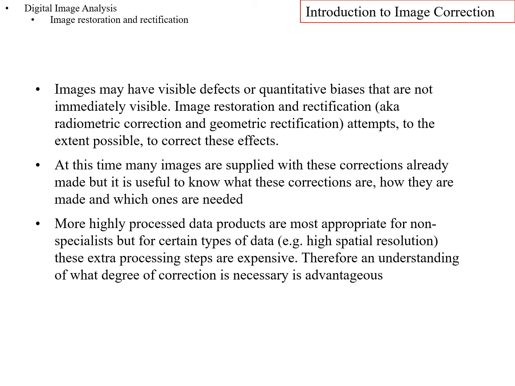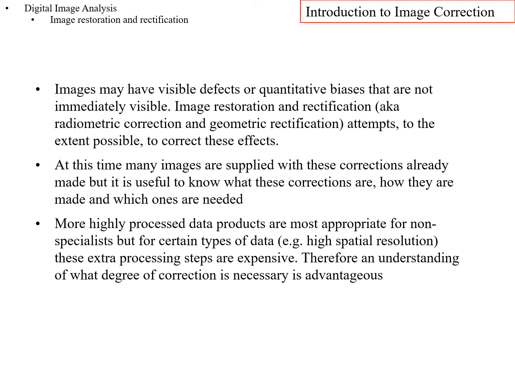More highly processed data products are most appropriate for non-specialists, but for certain types of data, those extra processing steps are expensive. And here I'm thinking particularly about high spatial resolution images that are commercially provided.